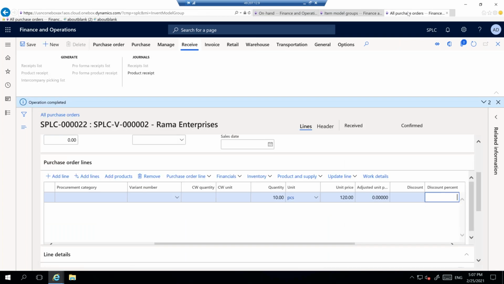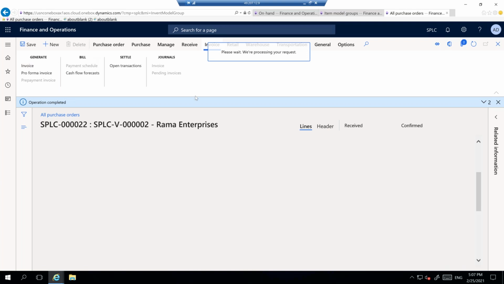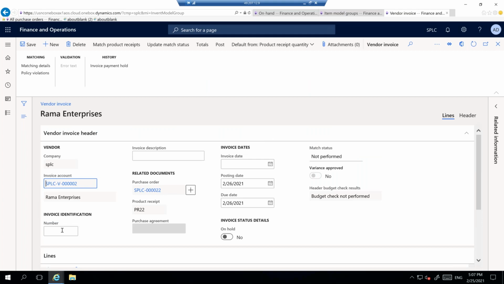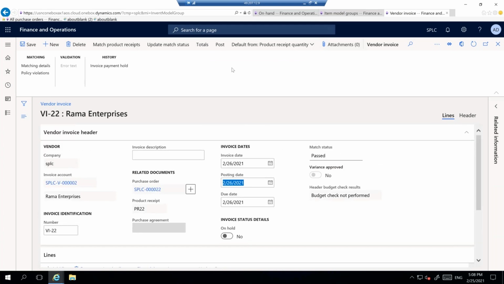Next, if I do invoice, update my status, passed, then I can post.